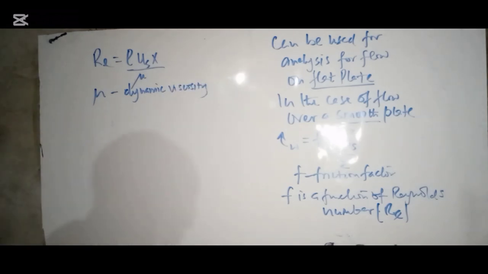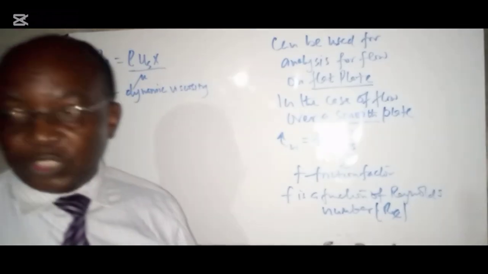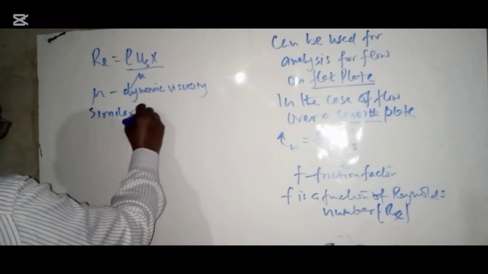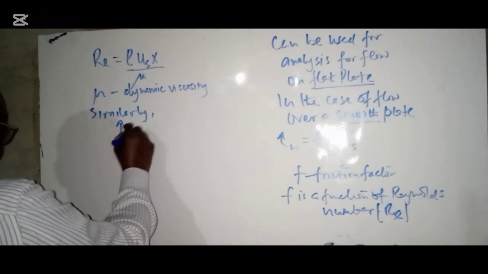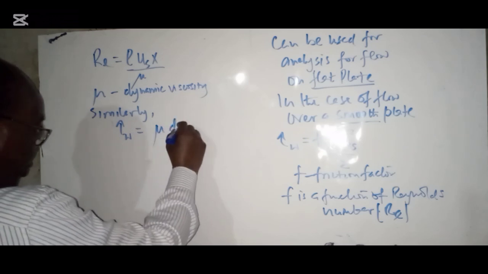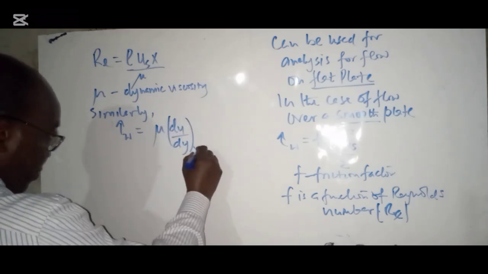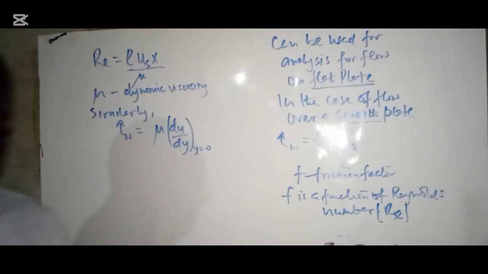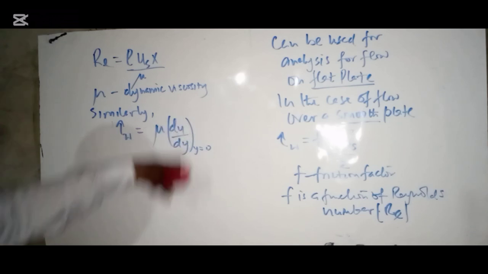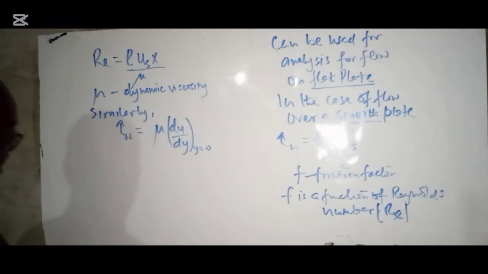And this dynamic viscosity also is in the expression for shear stress. So similarly, remember that tau, the shear stress, is also given by mu du dy at y equals 0. We have that as expression, and that is the velocity gradient, and that is the dynamic viscosity.